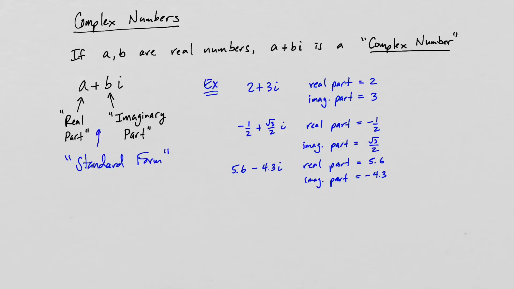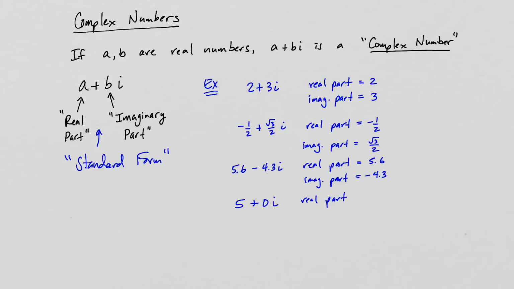And the standard form of a complex number is a plus b times i. So let me just remind you that if you have a number like 5, we know 5 is a real number. But because you can think of 5 as 5 plus 0 times i, 5 is also a complex number because it can be written in this standard form.